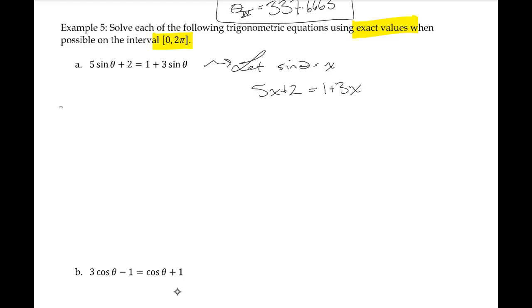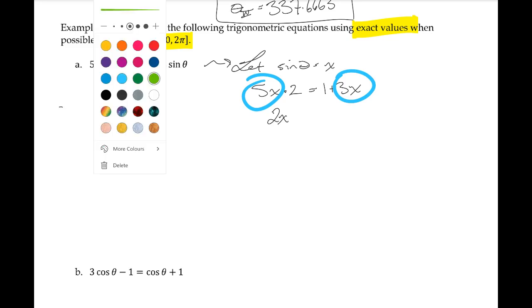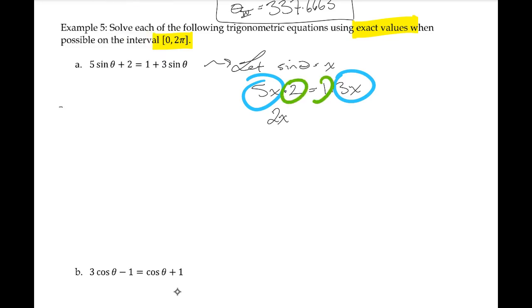So from here, we look at collecting like terms. We've got 2 like terms here on opposite sides of the equal sign, so I'd move the 3x over, so that gives me 2x, because I'd be subtracting. And then I've got my 2 like terms here, 2 and 1.